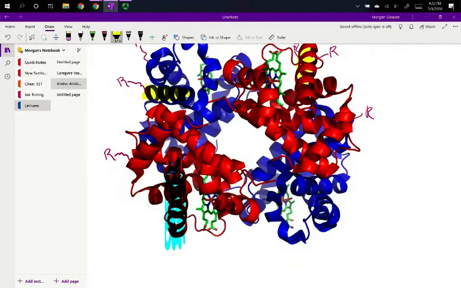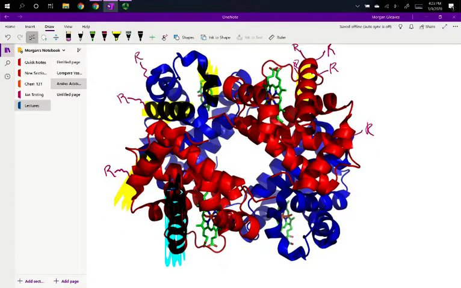There's more alpha helixes. There's a lot of alpha helix on this molecule. You can have many different alpha helixes. Each alpha helix is part of the secondary structure.